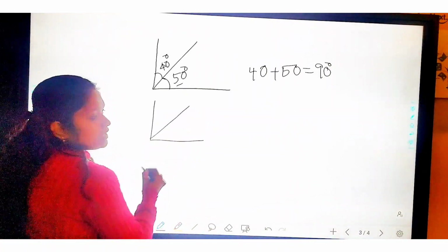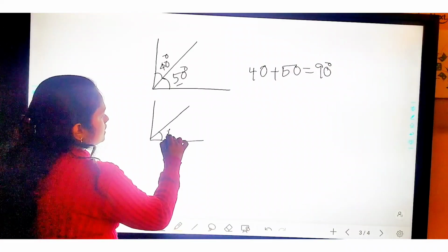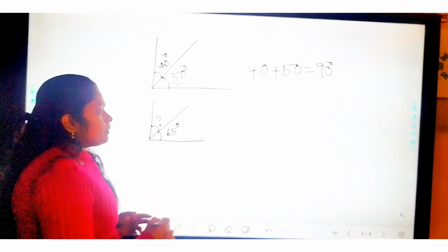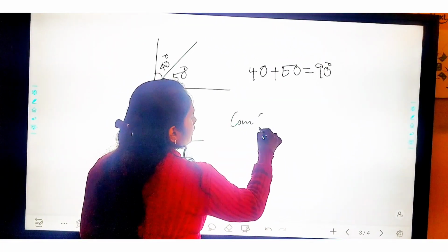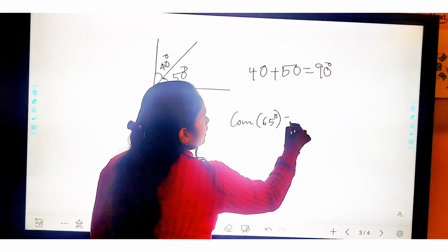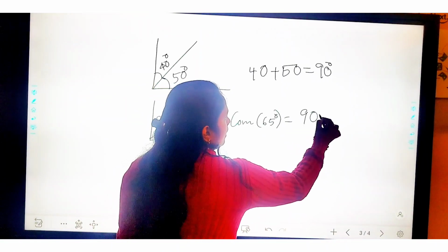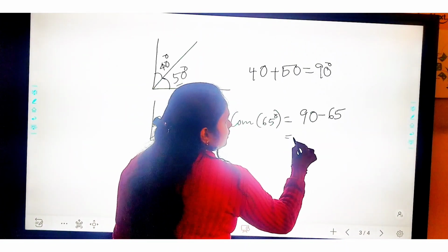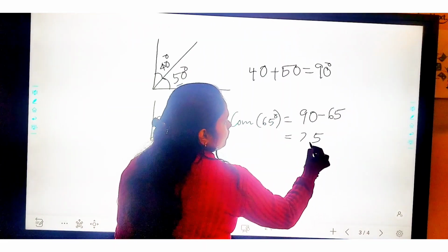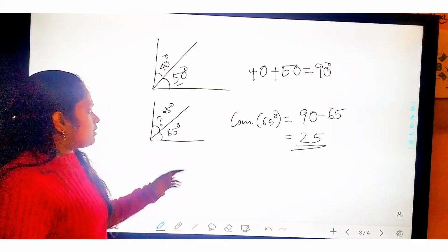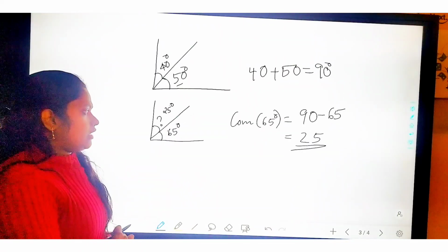Then if I give one angle as 65 degree, what is the complementary angle? We already know that the sum of their measures is 90 degrees. So 90 minus 65 equal to 25 degree. 25 degree will be the complementary angle. Then we can say both angles are complementary angles.